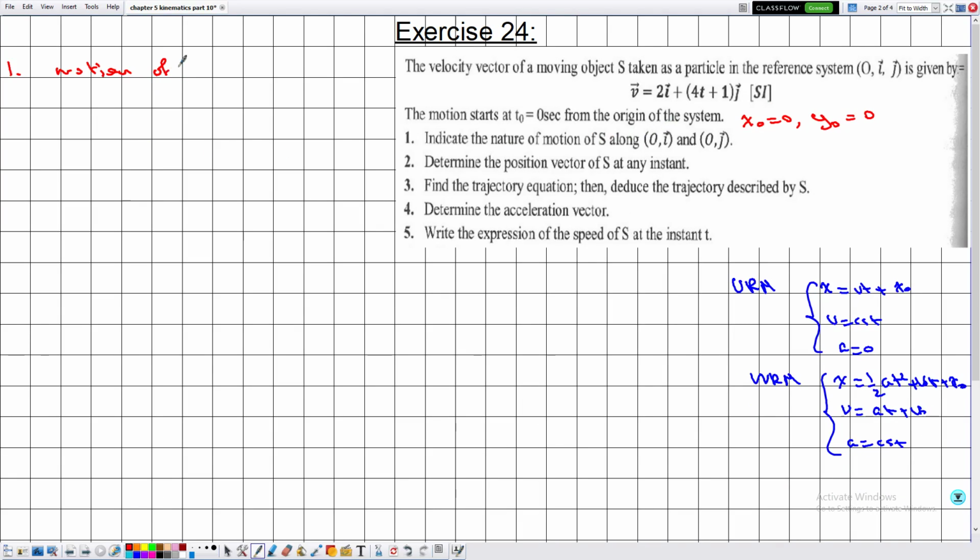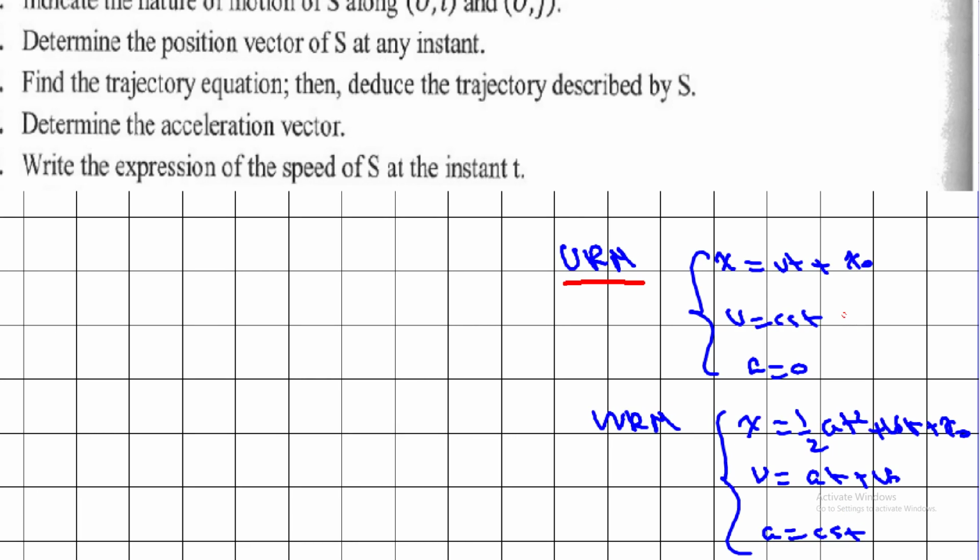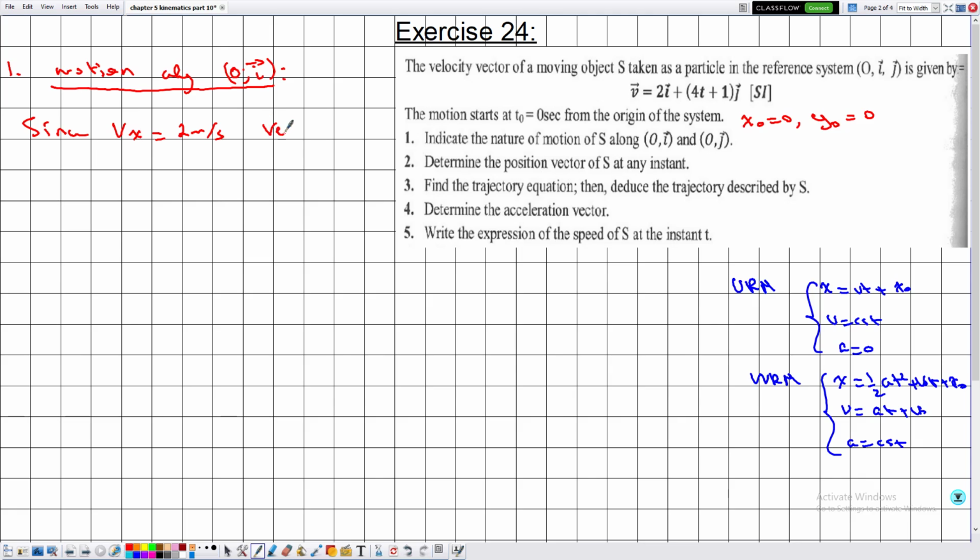So motion of S along OI: since v of x is equal to 2 meters per second, whenever the speed is constant, then the type of motion is URM, which verifies the general form v of x = constant.